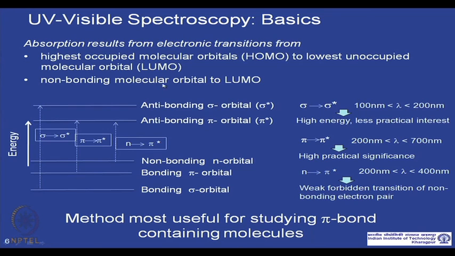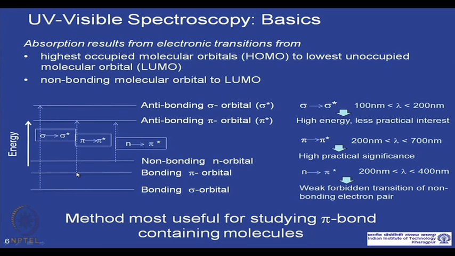If the non-bonding molecular orbitals are the highest occupied orbitals, then electronic transition may happen from a non-bonding molecular orbital to the lowest unoccupied molecular orbital. For molecules which have mainly sigma orbitals, the HOMO-LUMO transition happens between sigma and sigma star, which is of quite high energy and not of very practical interest.